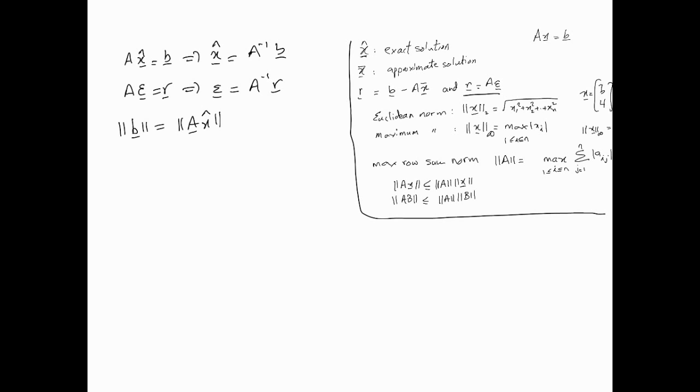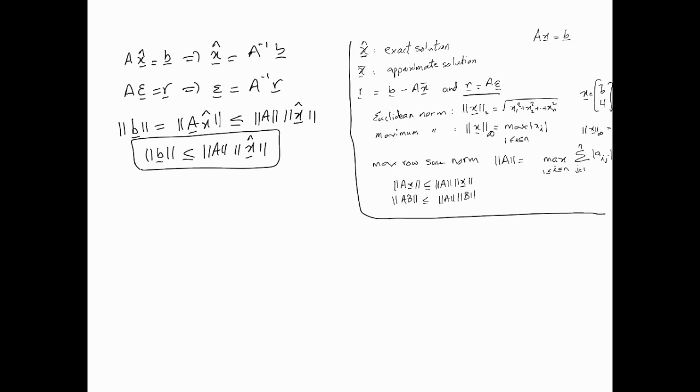Now, according to this property here, this is less than or equal to, if I separate these out, I end up with this. In other words, the norm of B is less than or equal to the norm of A times the norm of x hat. Put a little square on that. Let's not call it anything for now. So we've got that.